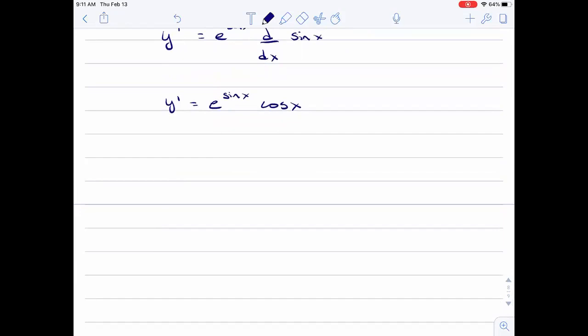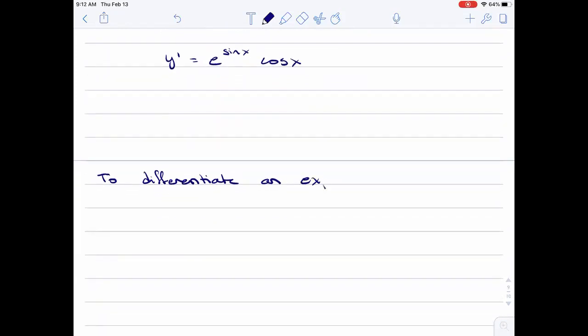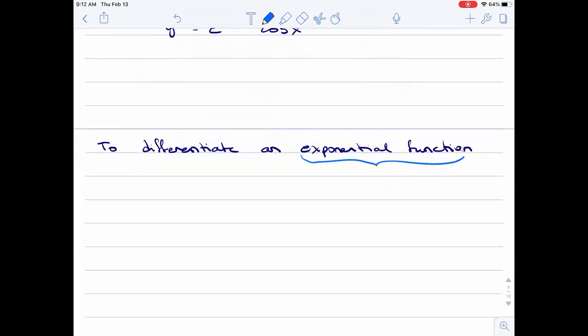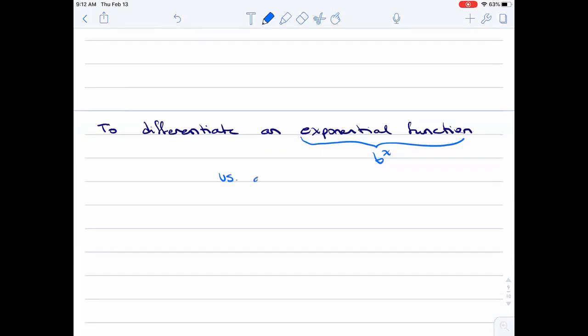So put it on a new page, but to differentiate an exponential function, remember, that is something like b to the power of x, where x is in the power, versus a power function where x is in the base, right? X to the power of a, let's say.